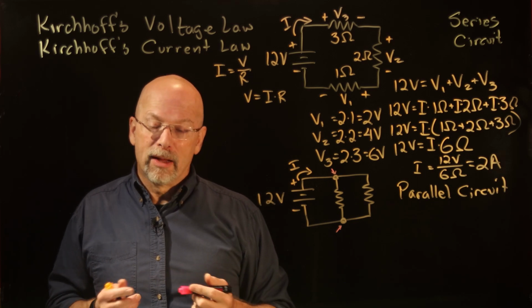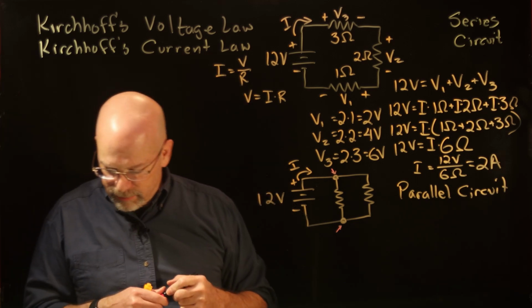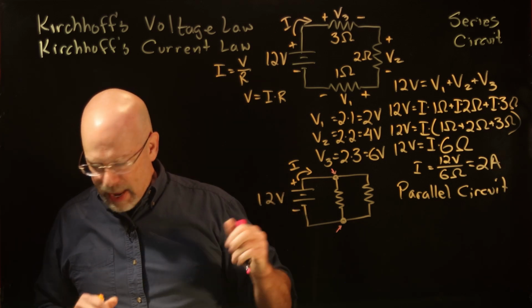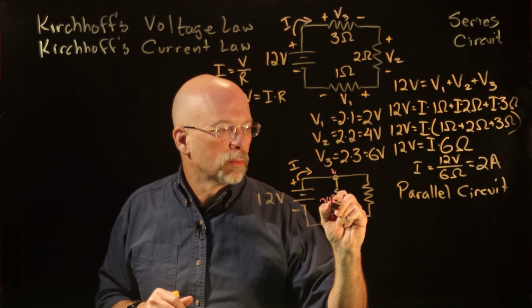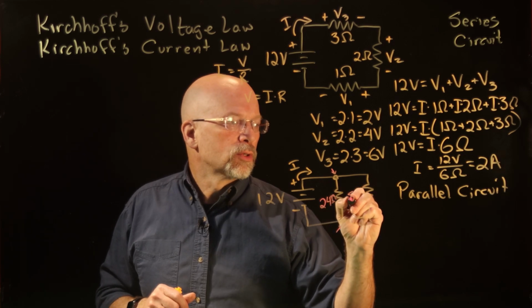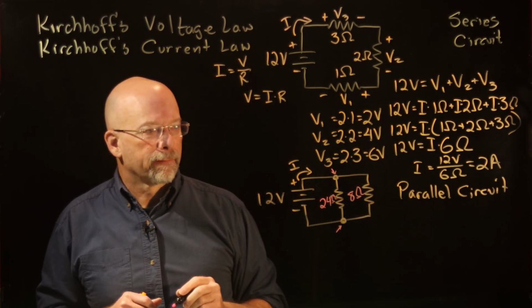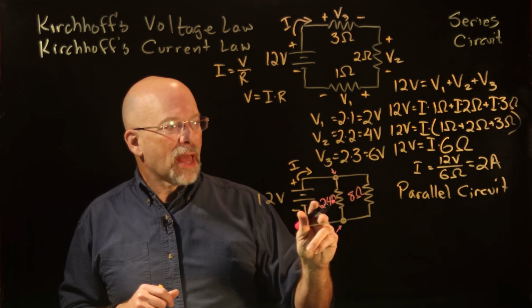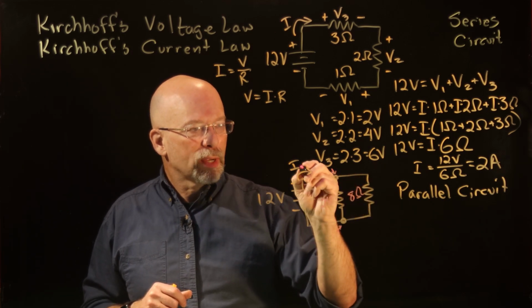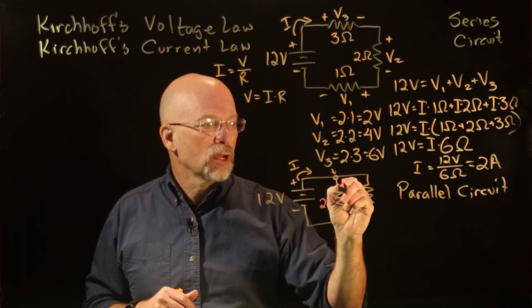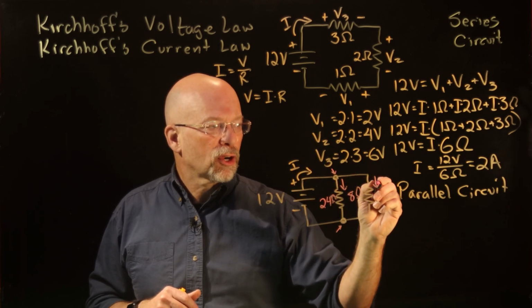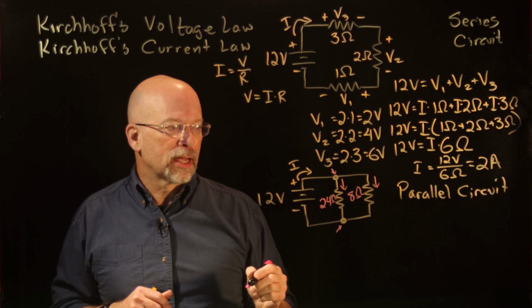All right, well, let's make a couple of resistors. In fact, let's make one of these resistors 24 ohms, and one of these resistors 8 ohms. That means we don't necessarily know the total I yet, but we can figure out the current that goes through each one of those branches.